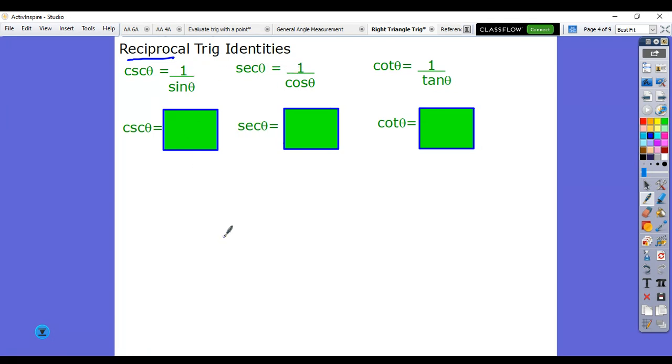So think about the reciprocal of 3 is 1 over 3, 1/3. What do we do if it starts as a fraction? The reciprocal of 2 over 3 is just 3 over 2. Okay, so cosecant is the reciprocal of sine, secant is the reciprocal of cosine, cotangent is the reciprocal of tangent.